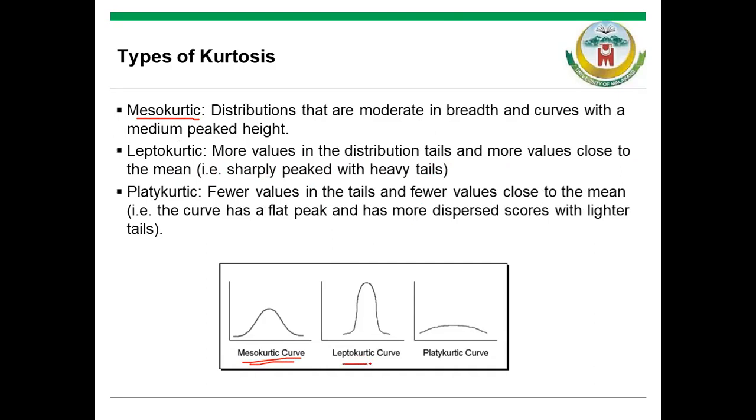Now this is a leptocurtic curve, and here we have most of the values in the peak. Let's say the peak is from here to here, and then here and here this is the tail, and this is the tail.